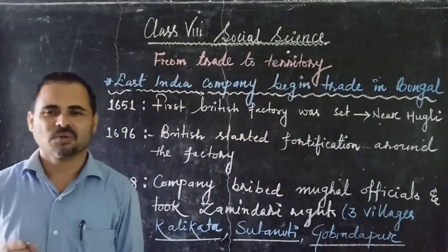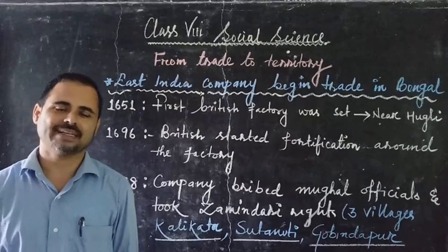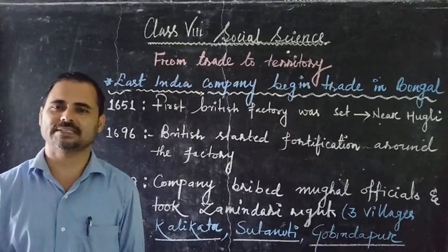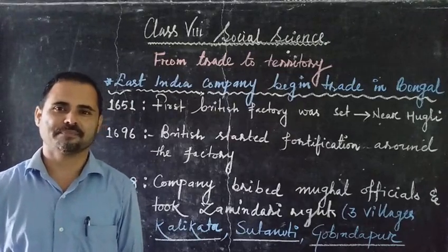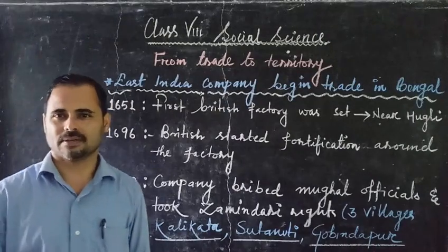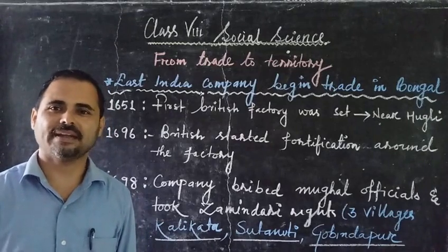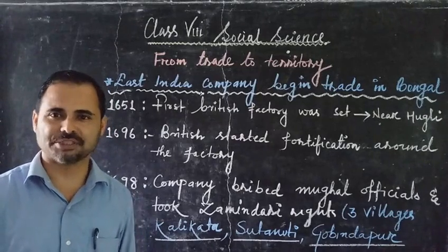When they wrote a very humiliating letter to the Nawab, it made the Nawab very angry, and he thought of taking initiative against the company, and the Nawab launched expeditions.